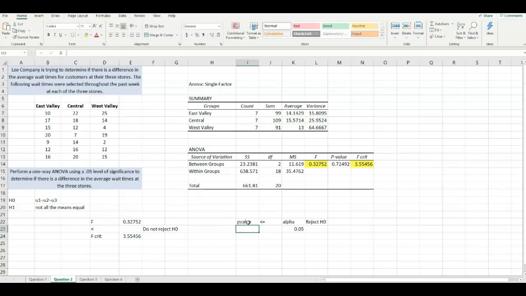Our p-value is given to us right here, the 0.72. Our p-value here is very much greater than our alpha. So once again, we come back with this same conclusion that we do not want to reject the null hypothesis.